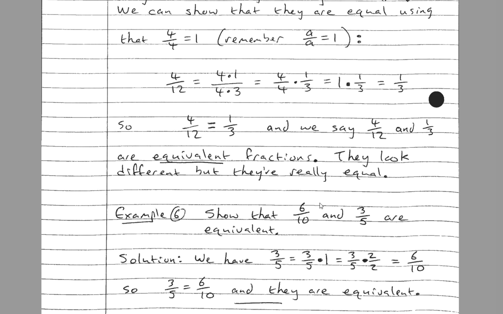And you can see that if you multiply 3 by 2, you get 6. If you multiply 5 by 2, you get 10. So we can write 1 as 2 over 2. And so then we see it's 6/10. So 3/5 is equal to 6/10, so they're equivalent fractions.